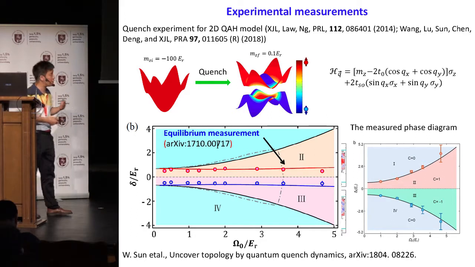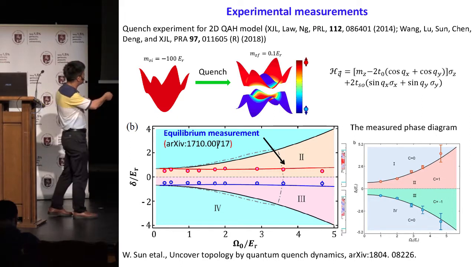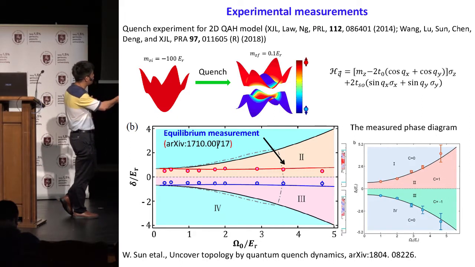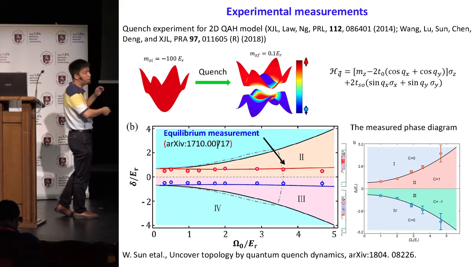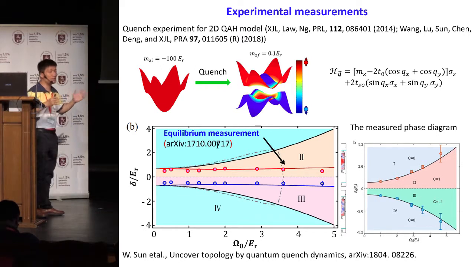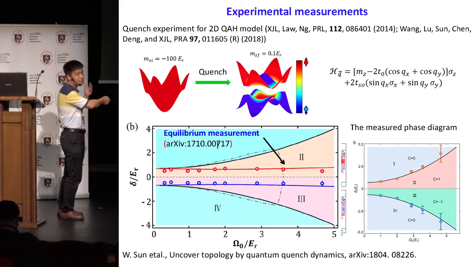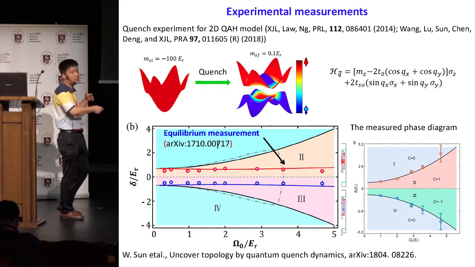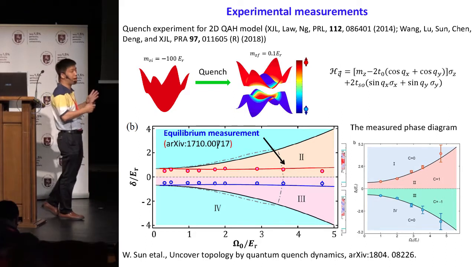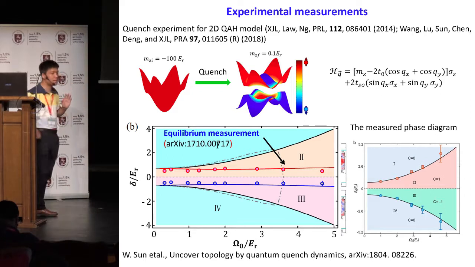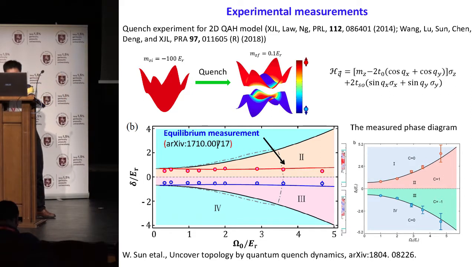If you compare with our previous equilibrium measurement of the phase diagram, the experimental measurement is completely different from the theoretical prediction. It is not precise at all, but the dynamic measurement is very precise. There are some very simple reasons, but to save time, I'm not going to discuss the details.